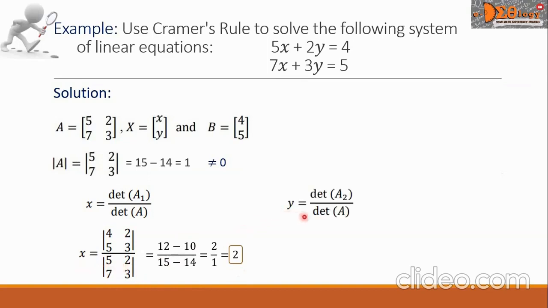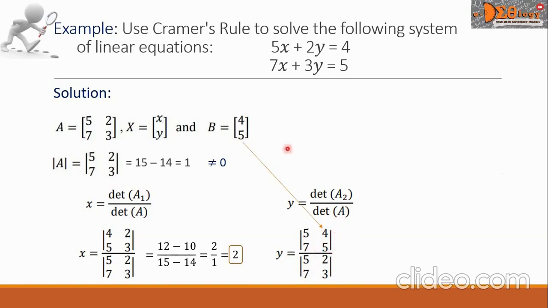For variable y, this is equal to determinant of A sub 2 over determinant of A. First thing is, we can copy the matrix A here. And for the A sub 2 matrix, we have like this. It is almost the same with the matrix A except the column 2.